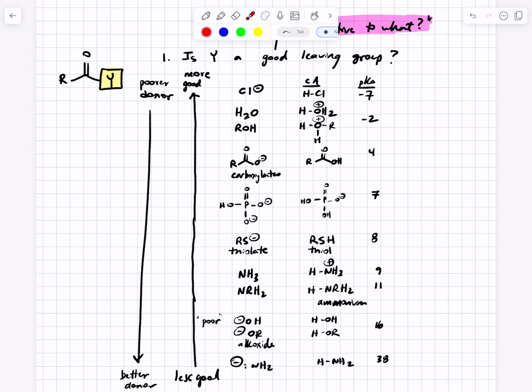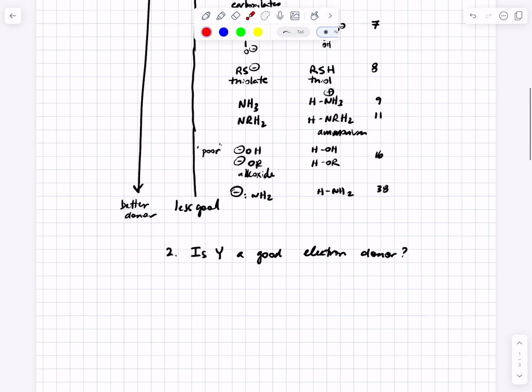It has a low energy pair of electrons that it doesn't need to share because they're perfectly stable. This is going to rely on a lot of stuff you learned in 351 about pKa, and remember that good leaving groups are conjugate bases of strong acids. Why are they strong? Because the thing that's left behind after the proton gets removed is perfectly stable on its own, okay? So good leaving groups, poor leaving groups, we're using that to rank carbonyl compounds.